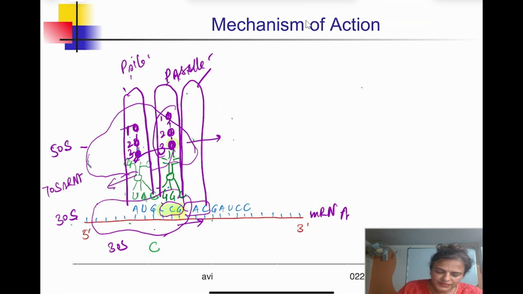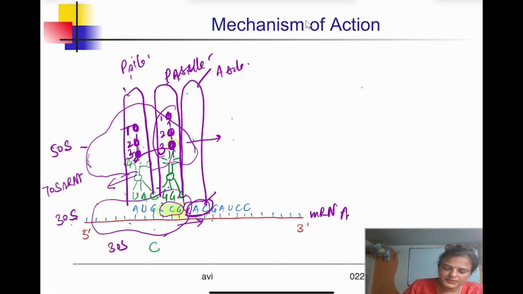Now again this A site is ready to accept the next amino acid, depending on the codon present on the messenger RNA, and this way a long polypeptide chain is formed. This is how bacteria synthesize protein.